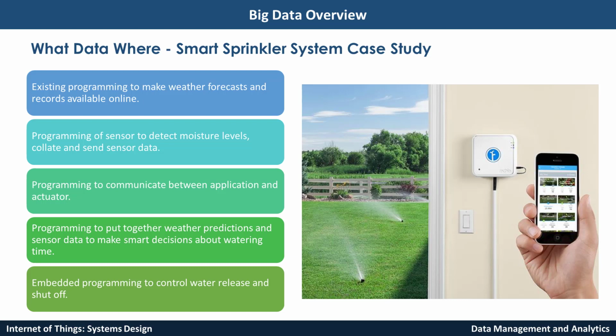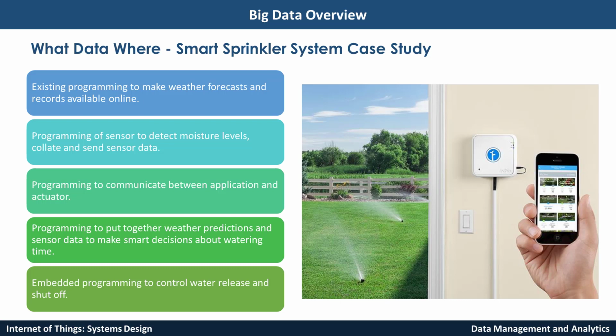Then you need to program sensors to detect the moisture level, and combine and aggregate the readings from multiple sensors. Then you need to do the programming to communicate between the application and the actuator, because once you analyze the sensor data about moisture level, you should be able to send a command to the actuator to switch on the sprinkler.